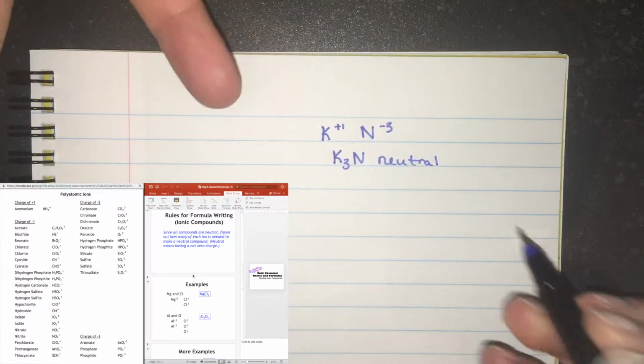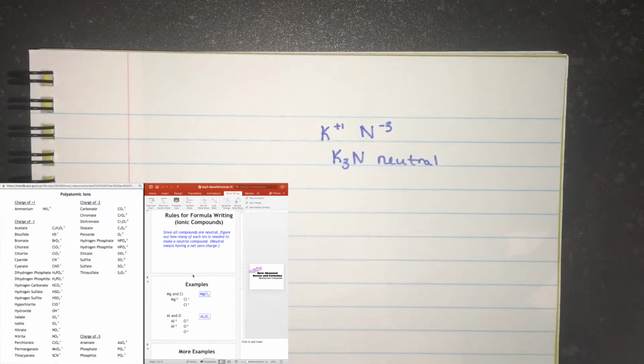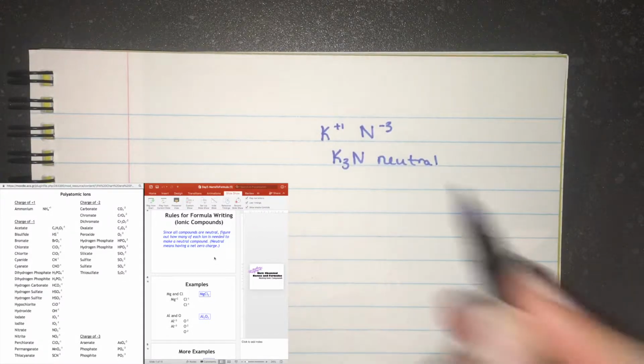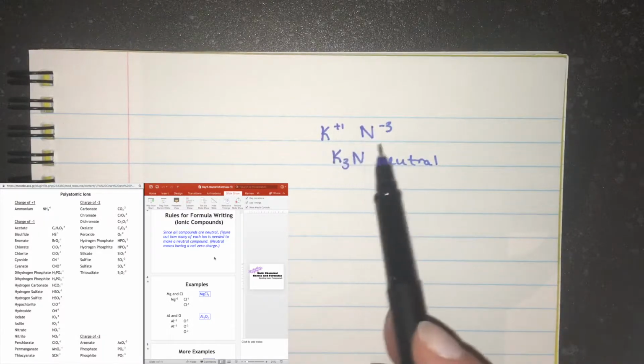You've done something wrong if an ionic compound is not neutral. Even though both have charges, together they should be neutral. So all we have to do is find how many you would need of each.